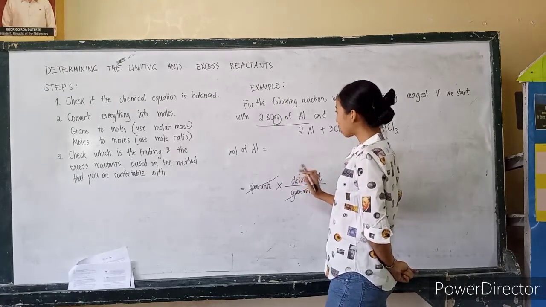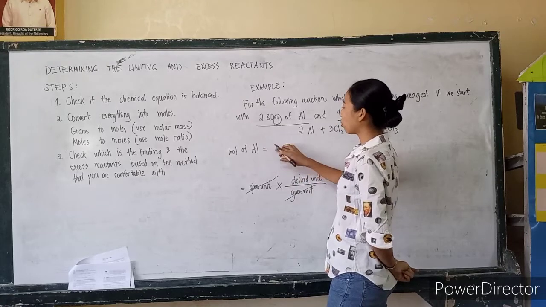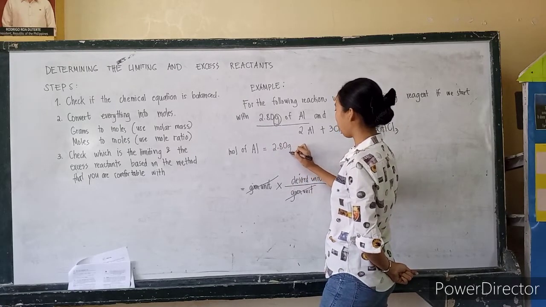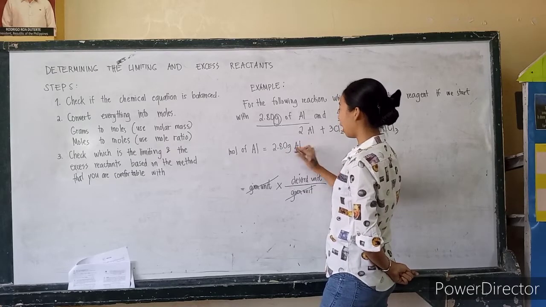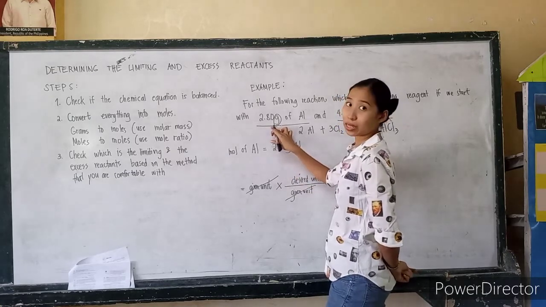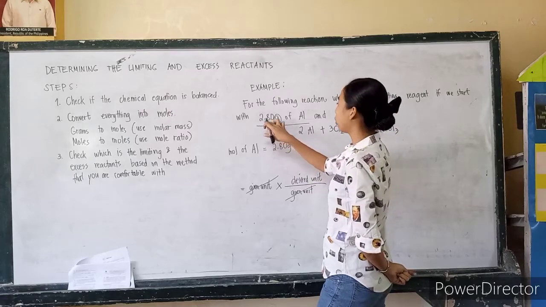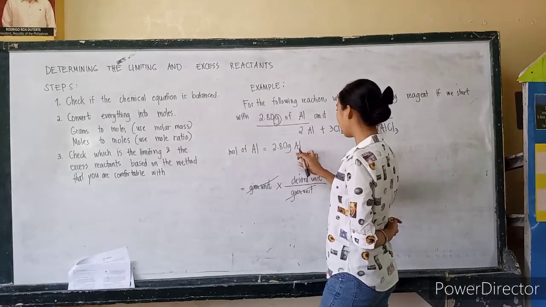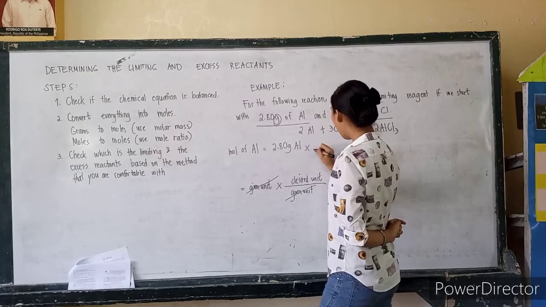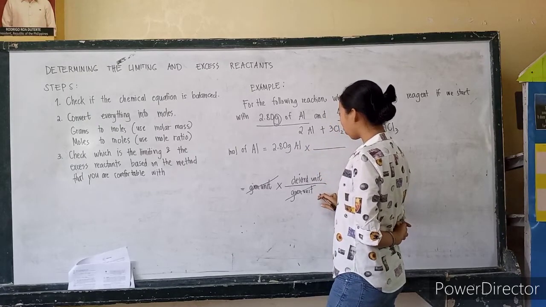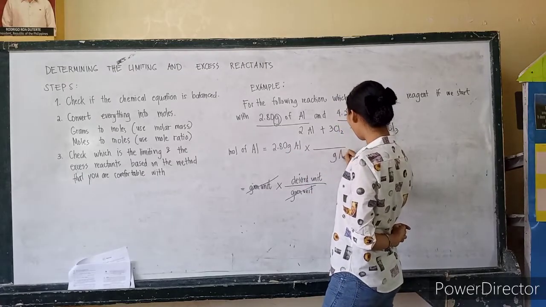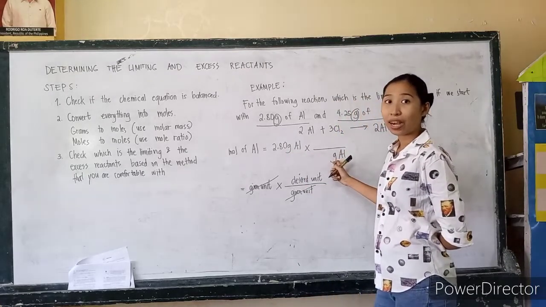Klaro? So, ang atong isulat una is 2.80 grams of Al, nga given sa problem. Karon, ang given unit is grams, dapat grams of Al ang naa sa ilalom.